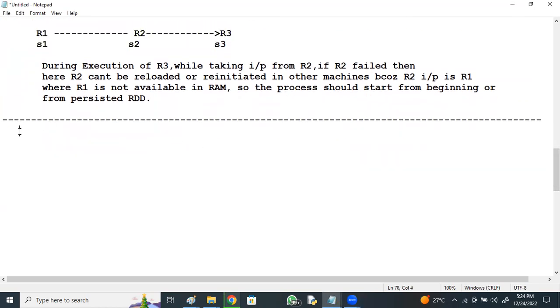Case 3. Observe this case 3. If a persisted RDD machine is down.